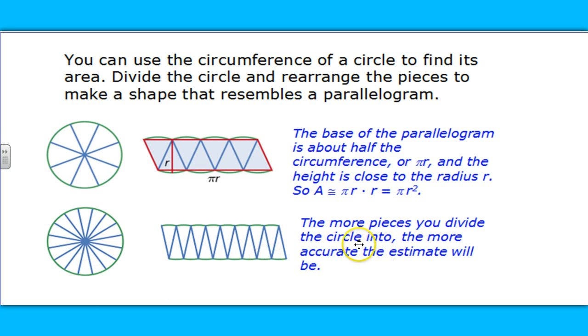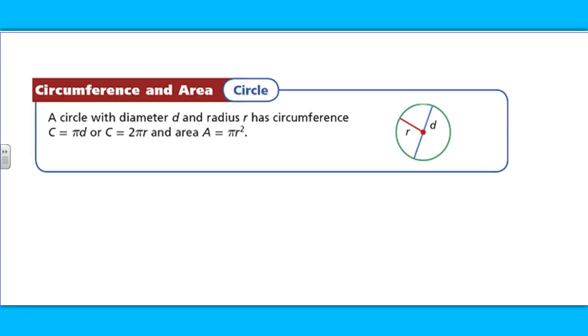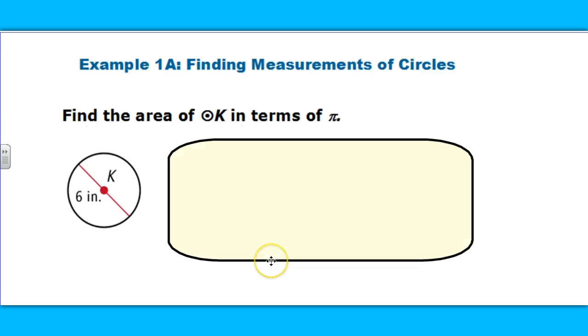The more pieces you divide a circle into, the more accurate the estimate will be. These little curves will be smaller and smaller, and this will be a more accurate polygon. So we have a little rule box. A circle with diameter d and radius r: circumference equals pi d, or 2 pi r, and the area equals pi r squared.